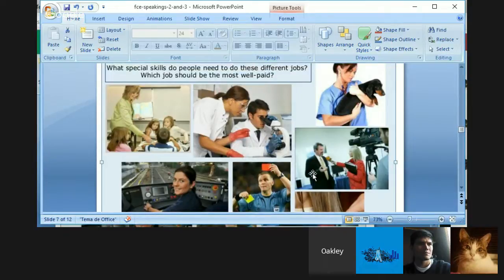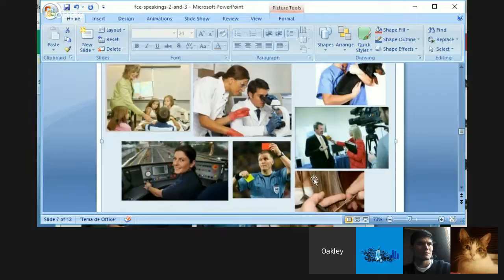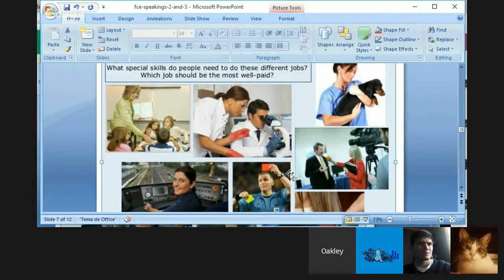Here's what I was thinking. When I see these, I think, well, some of these people really need to be using cognitive skills, using their intelligence: the scientist, the teacher, perhaps the veterinarian. They really need to focus on cognitive skills.